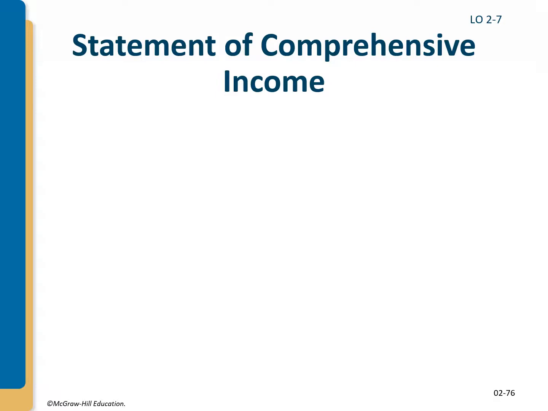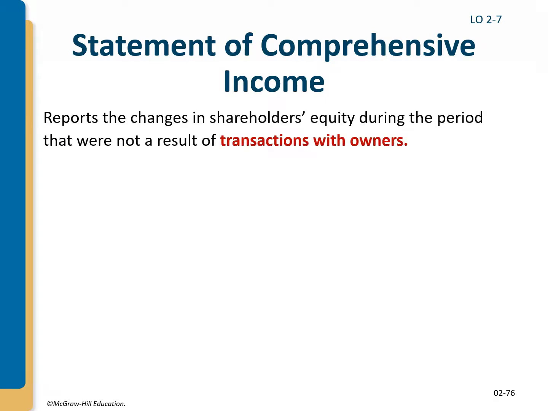The statement of comprehensive income you may or may not have completed in Accounting 112. It is a newer statement, and sometimes it's not separate. It's part of the regular income statement. And a company has a choice how they would like to present it. Comprehensive income reports all changes to equity that are not related to the shareholders.